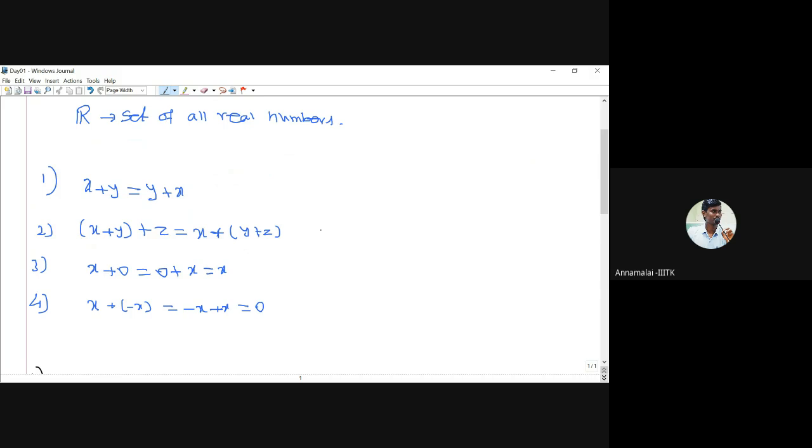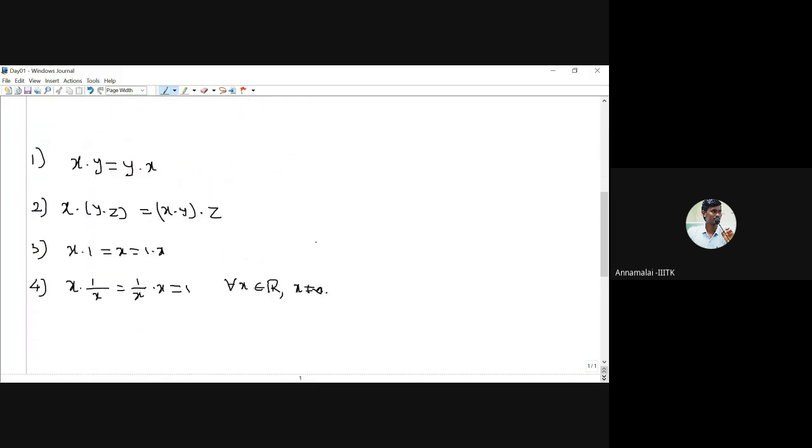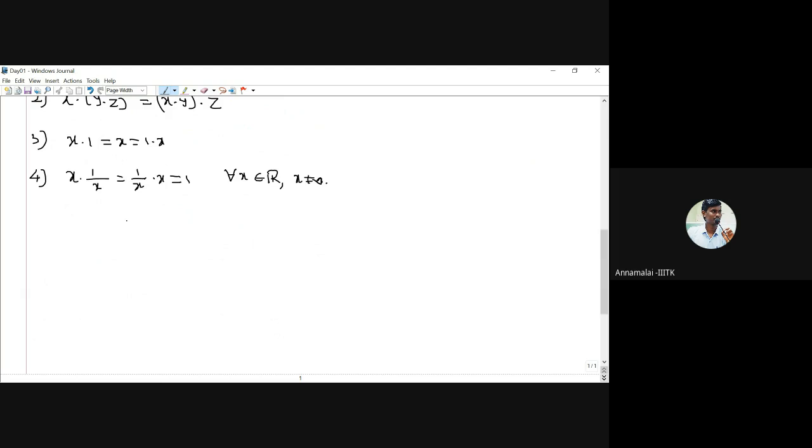Now there is a relation between addition and multiplication, that is, the distributive laws are satisfied. Any three real numbers satisfy the property x dot (y plus z) equals x dot y plus x dot z. This is what we call the left distributive law. On the right, (x plus y) dot z equals x dot z plus y dot z.